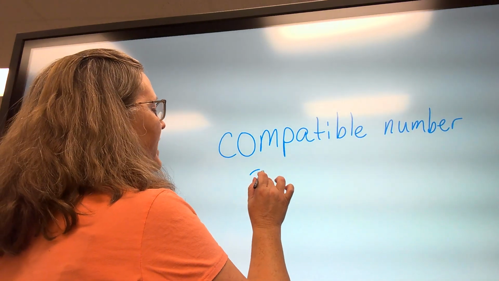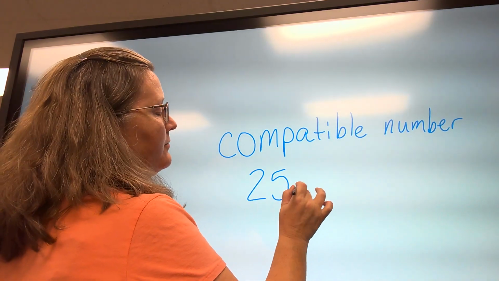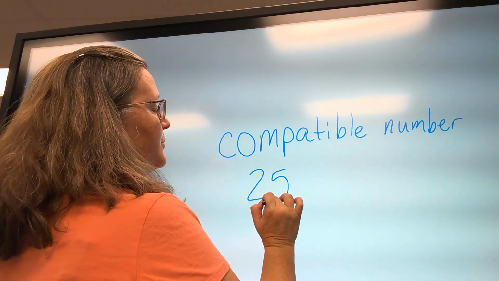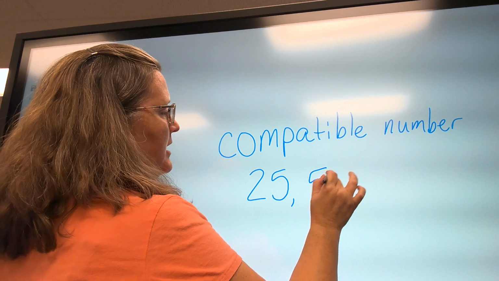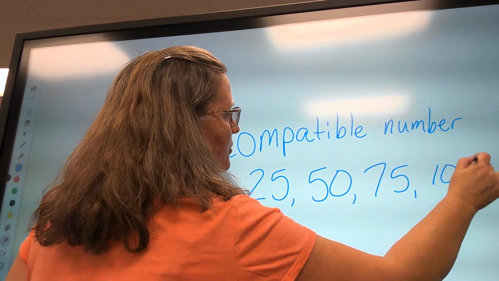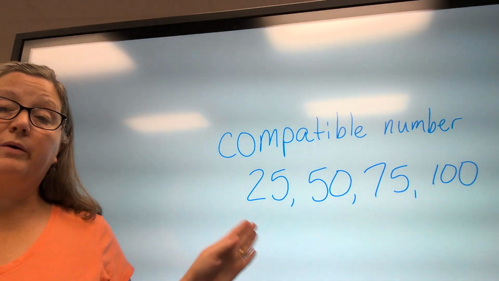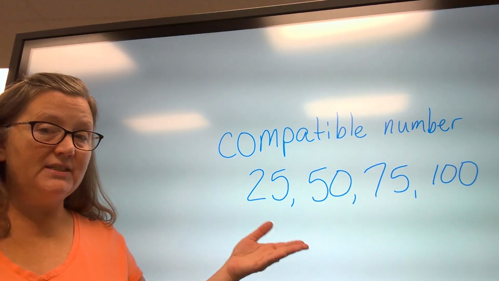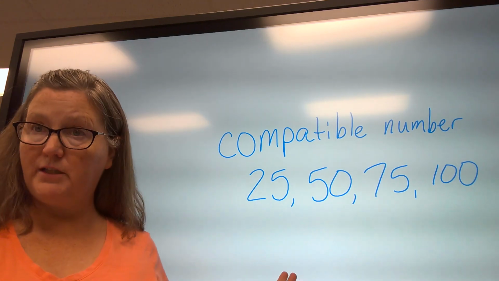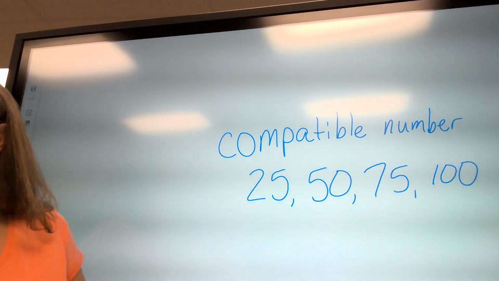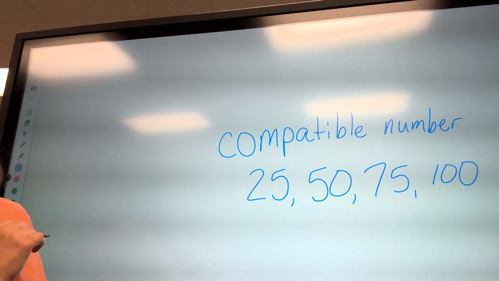So our compatible numbers are 25, which is 1 quarter, 50, which is 2 quarters, 75, and then 100 or $1. When we're talking rounding to a compatible number, most of the time it means rounding to 25, 50, 75, or 100. Okay, all right.